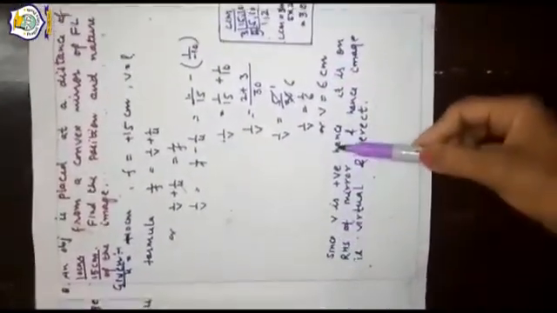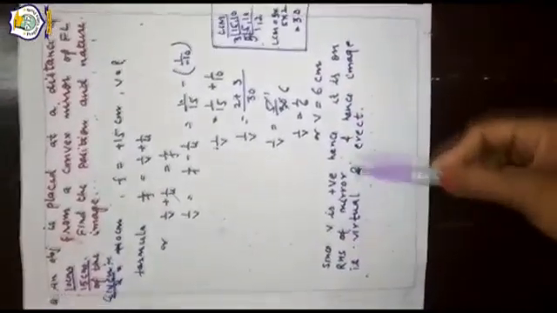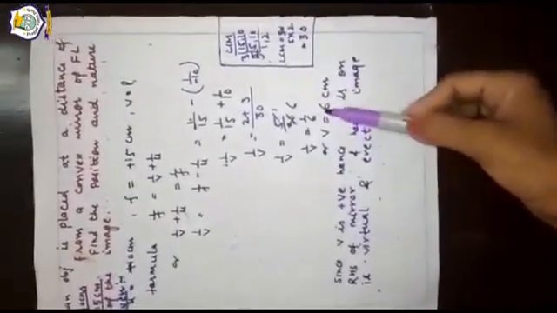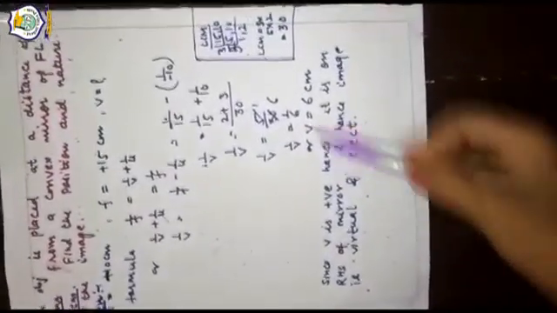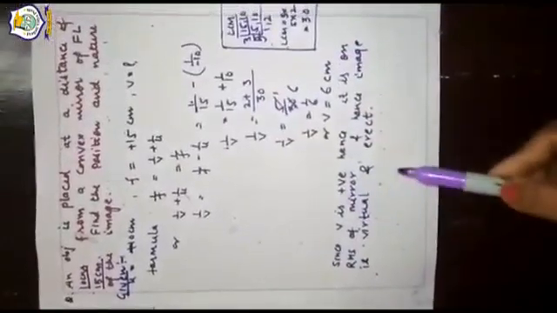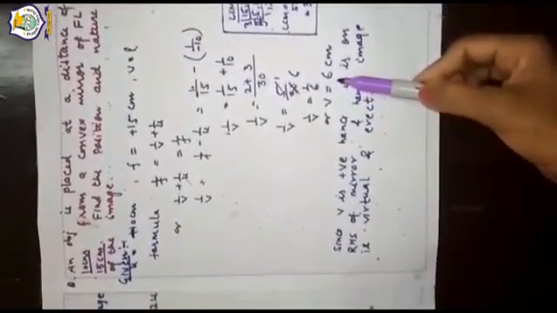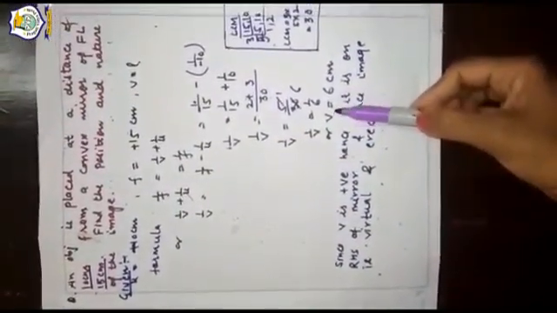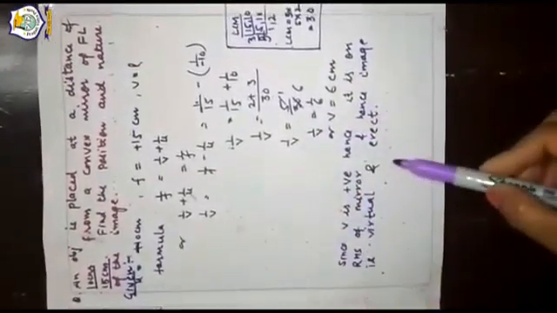Since v is positive, it is on the right-hand side of the mirror, and hence the image is virtual and erect. So we have checked our answer, because in a convex mirror the image is formed on the right side, so the sign of v should come positive. In this way you can see that I have checked the answer also. That is why theory should be clear to you.